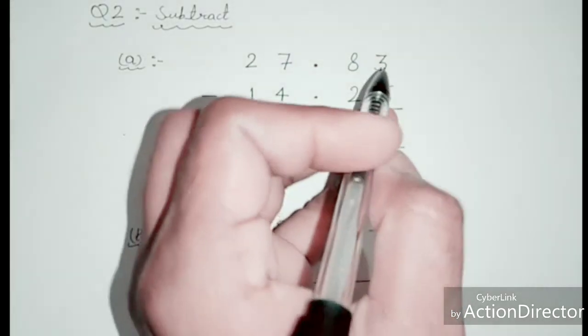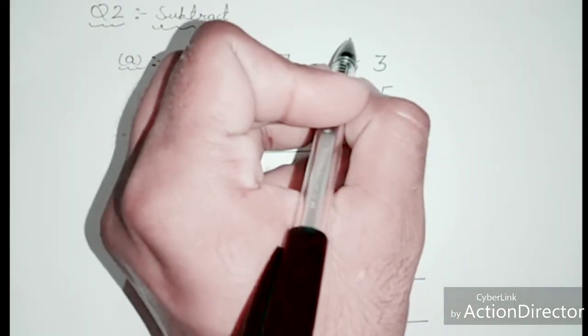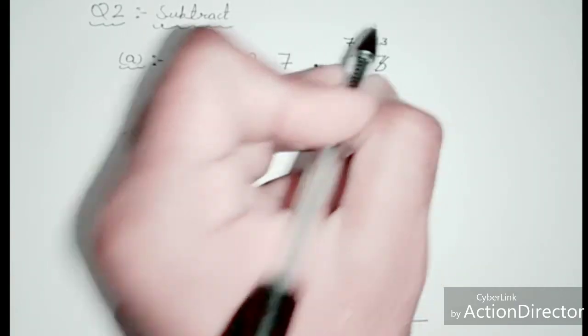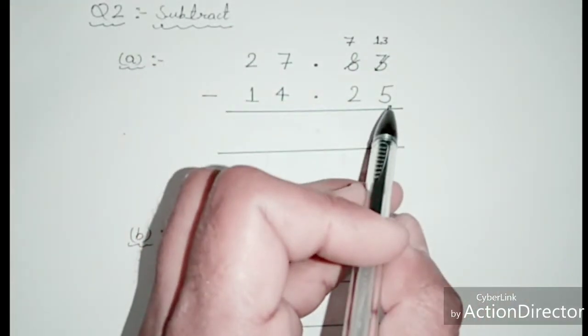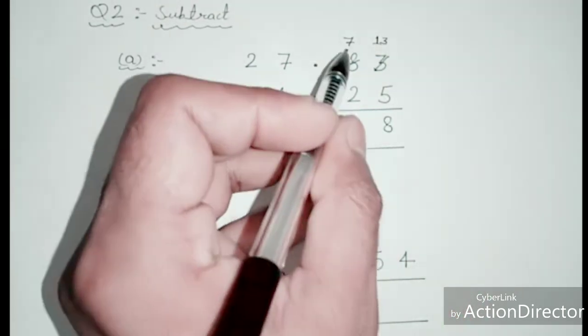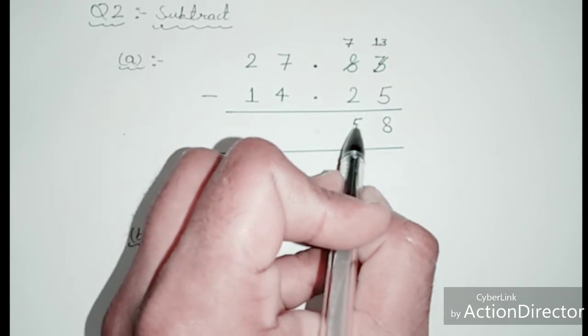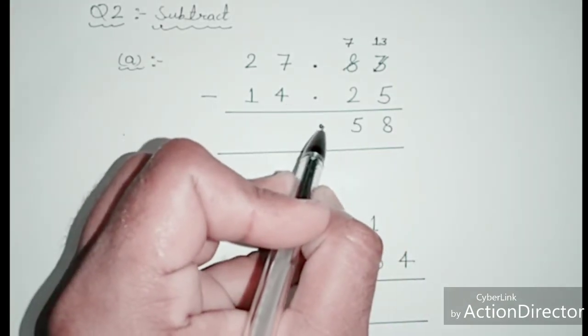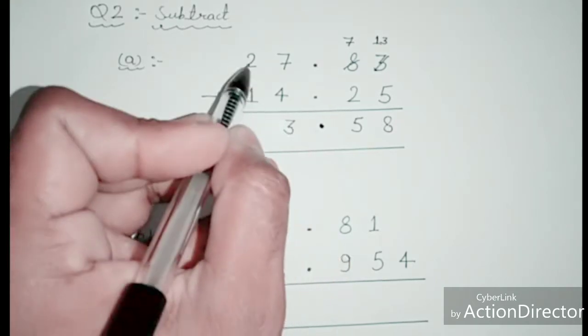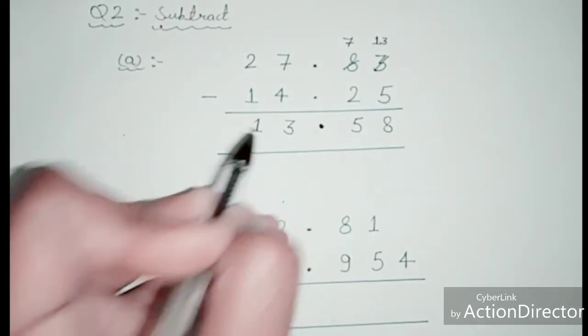So here 3, we take one borrow from 8. So here 7 is left and this 3 converts into 13. 13 minus 5, 8. 7 minus 2, 5. Now we mark point here. 7 minus 4, 3. And 2 minus 1, 1.